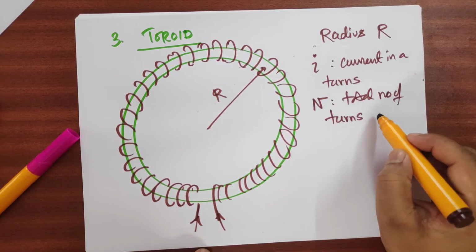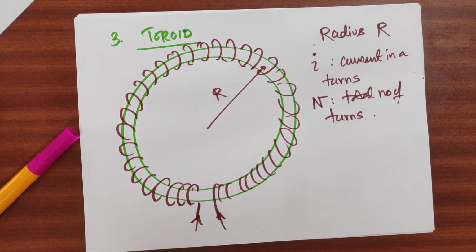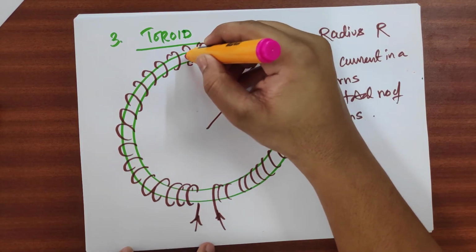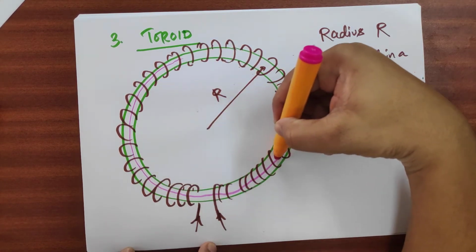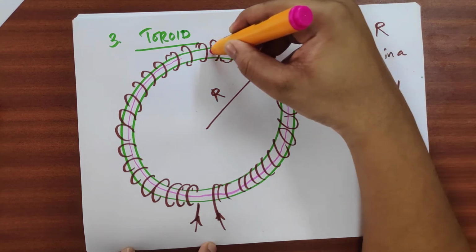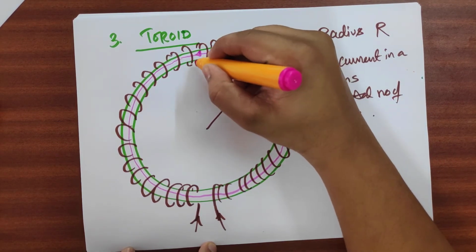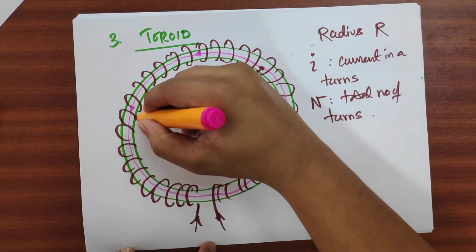Now what will be the direction of the field? Depending on the direction of current, suppose the direction of the field is this way, it will form a closed line like this. So this is the direction of the field B.